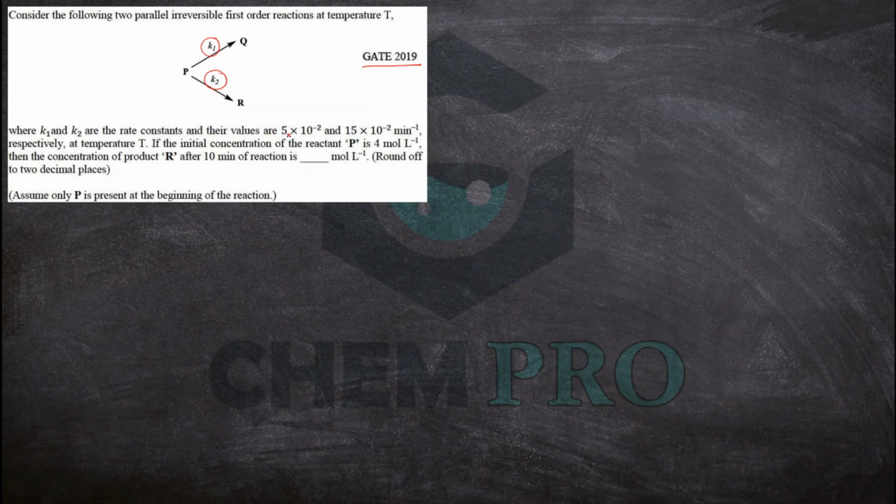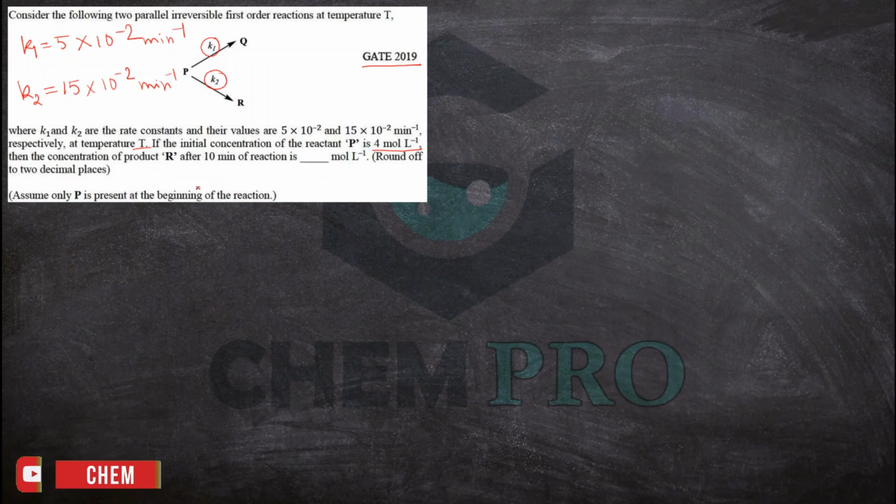For K1 the value is given as 5 into 10 to the power minus 2 minute inverse, and for K2 the value is 15 into 10 to the power minus 2 minute inverse, at temperature T. If the initial concentration of P is 4 mole per liter, then we have to calculate the concentration of R.